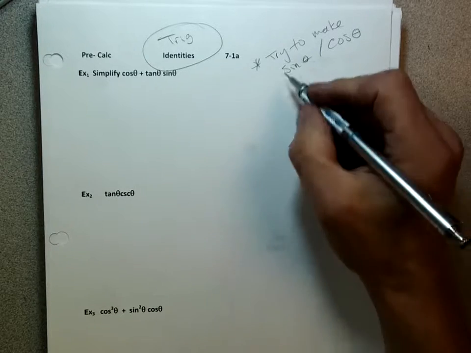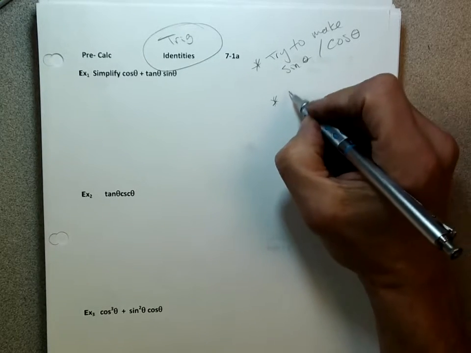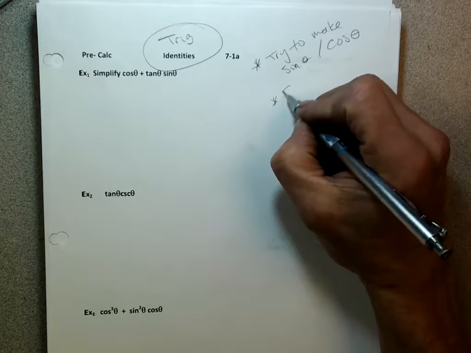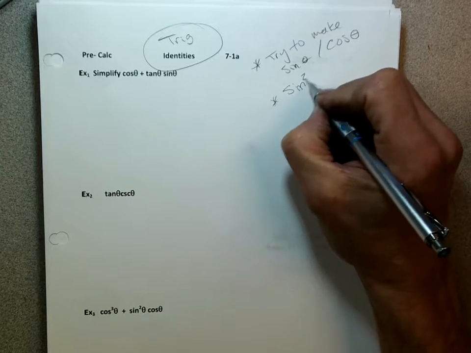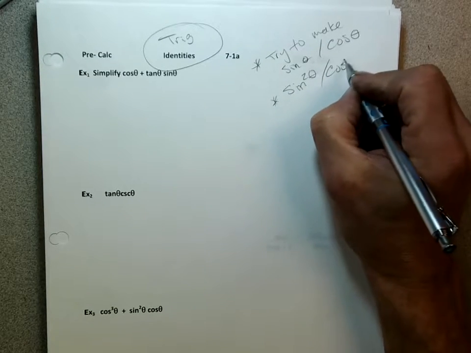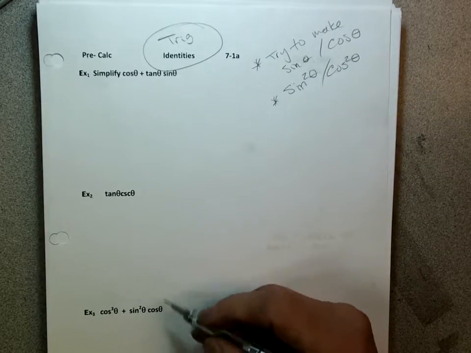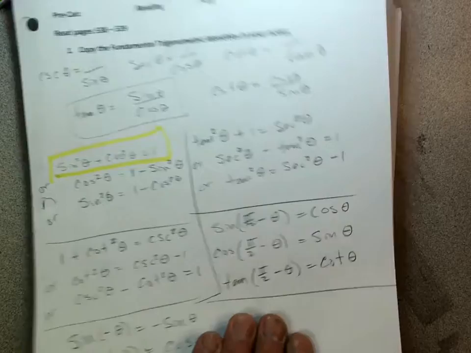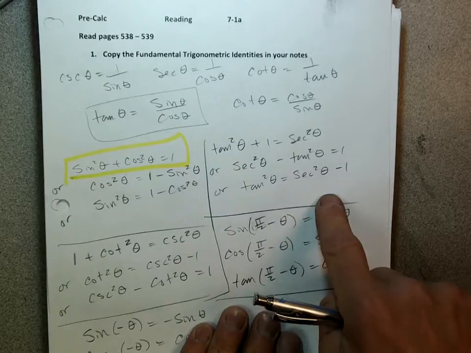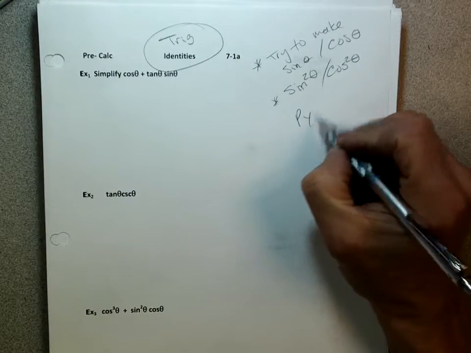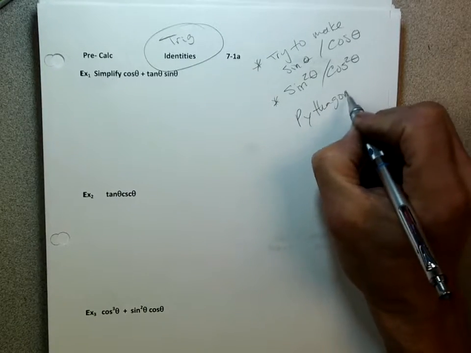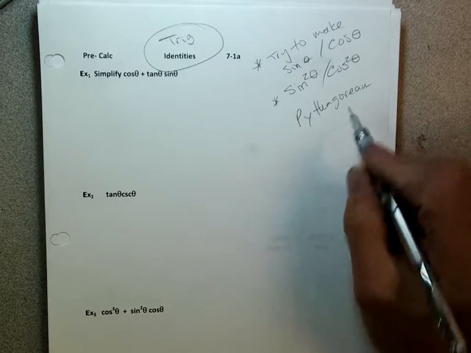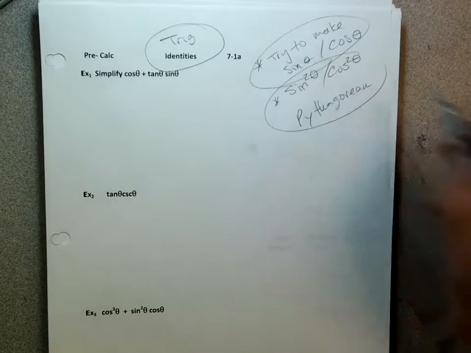And then the other thing I'd say as a hint is if you have any kind of a trig squared, like if it's a sine squared theta or a cosine squared theta, try and find your Pythagorean identities. What are your Pythagorean identities? That's these guys right here. These are your Pythagorean identities. So try and find a Pythagorean identity, okay?